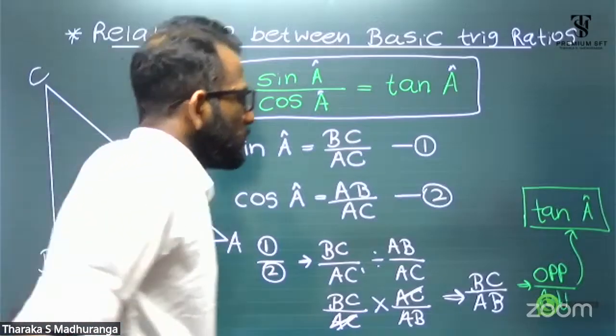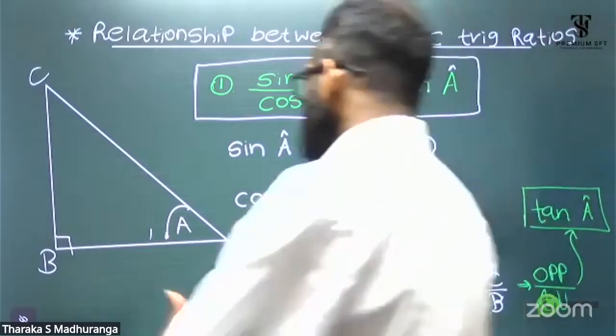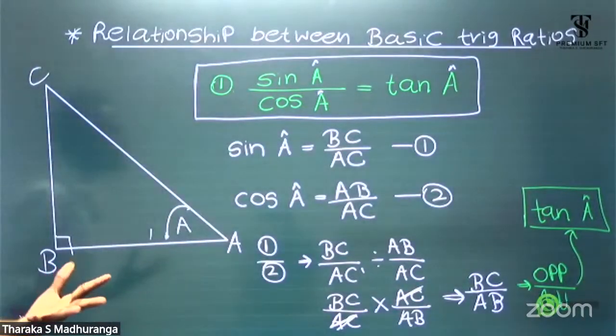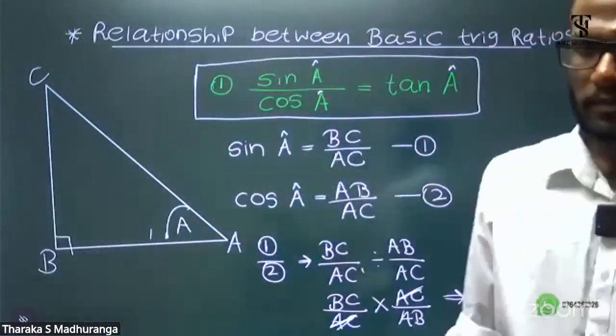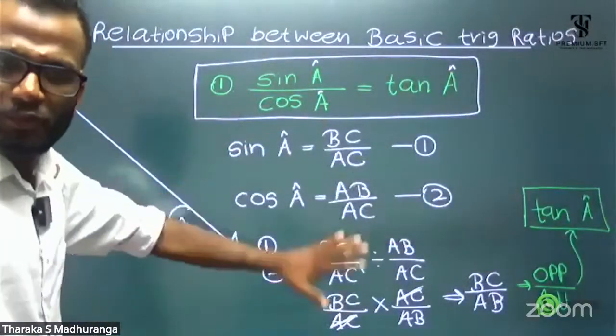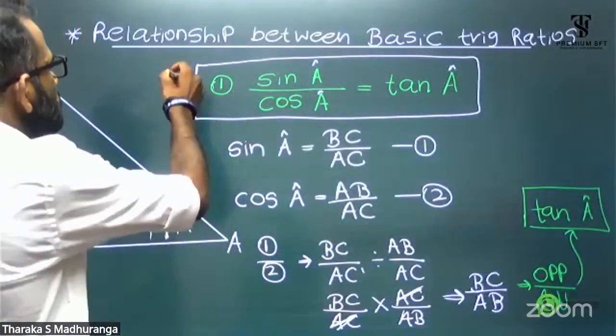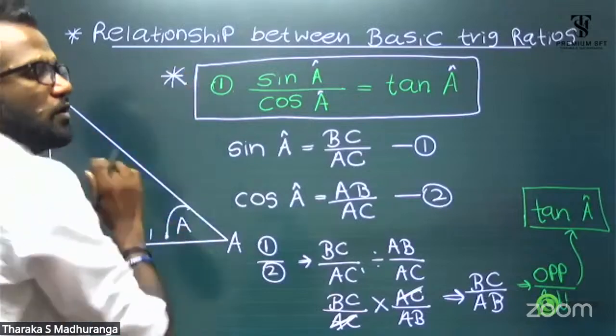Okay, quickly write down. Today we have more time, therefore we can go to the second relationship also. We have 5 relationships. You only need to remember these relationships. You don't need to memorize the proving methods, only the relationship.